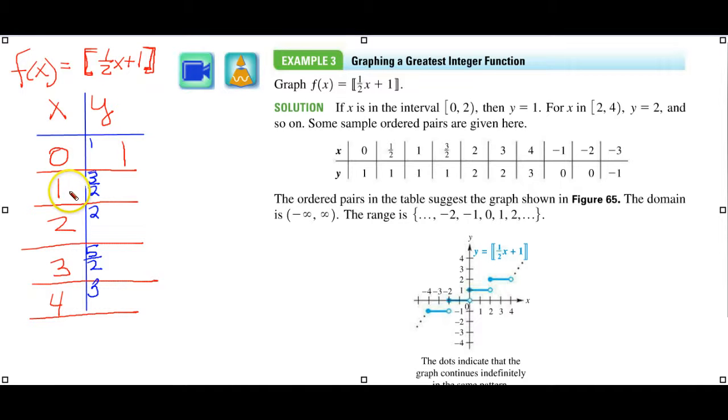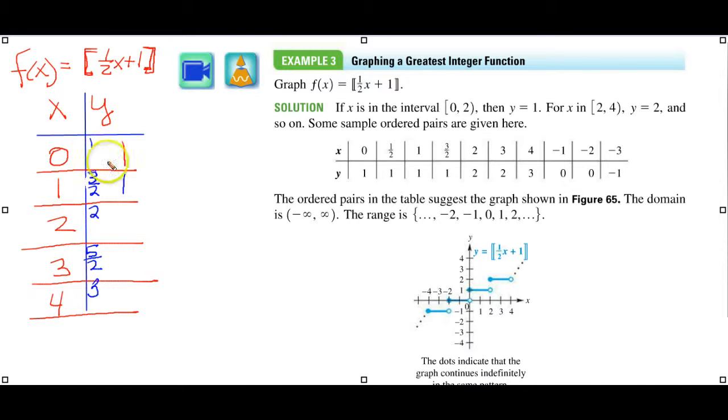Now, in this case where we have 1, we end up with 3/2. The integer less than or equal to x, the greatest one, is, again we're rounding down, will be 1.